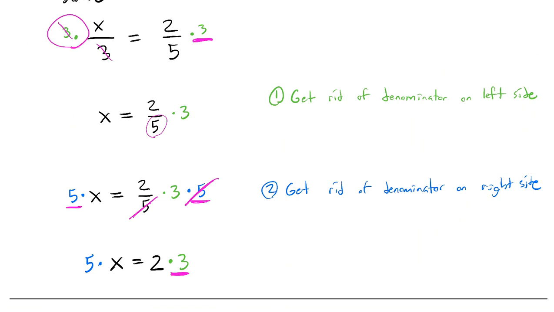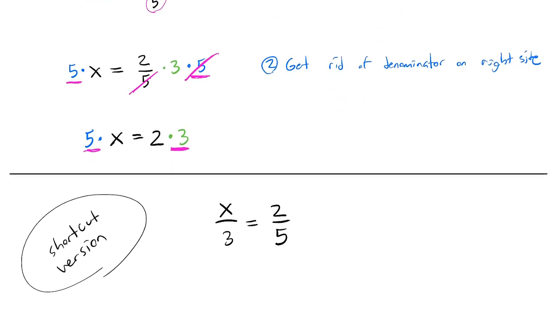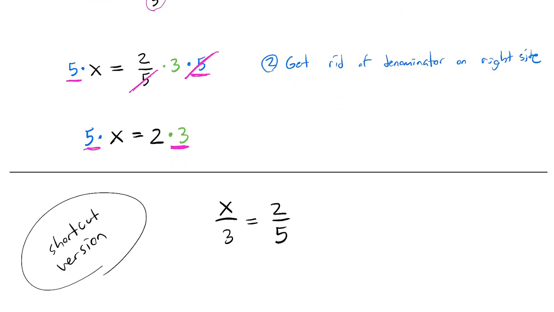And the thing that was on the bottom on the right is now multiplied on the left. So the short version of this is cross multiplication, where people just go, oh, if I want to solve this proportion, I get 5 times x equals 2 times 3. We call that cross multiplication. It's not magic. All we're doing is 2 separate steps. We're literally just saying, well, I want to get rid of the 3 on the bottom, so multiply 3 on both sides.